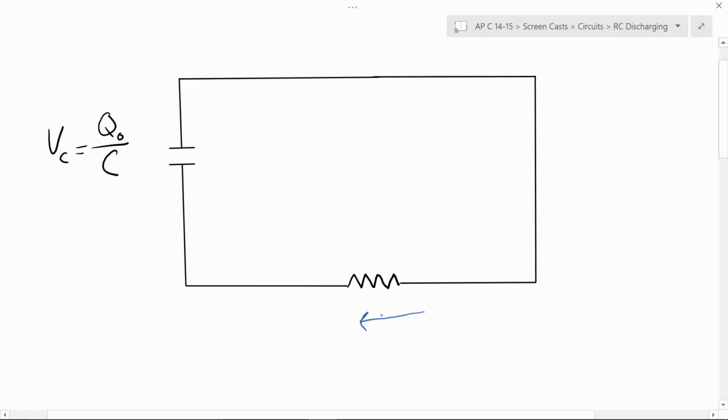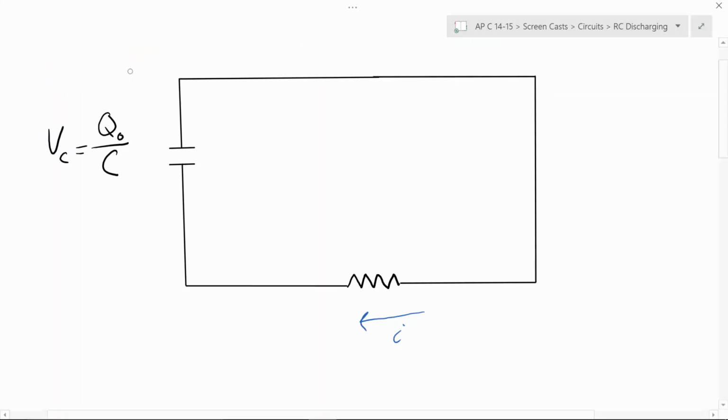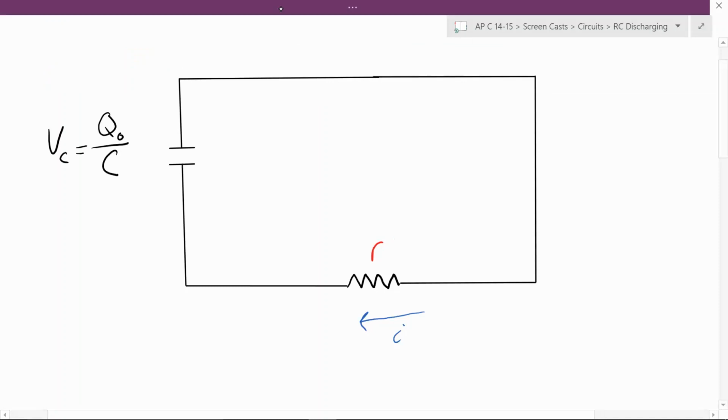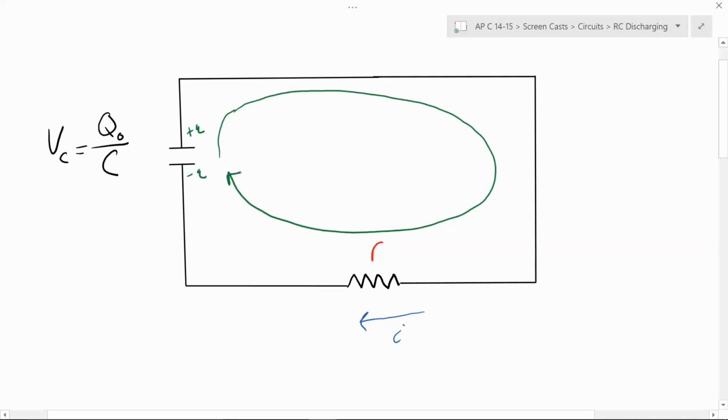Now here I'm going to use a lowercase i because the current is changing, so I like to represent it that way. We're going to use Kirchhoff's loop rule again. So if this is the positive charge side of the battery, I'm going to draw it this way. And it's still true, even though there's no battery, that when you complete a loop in the circuit, all the energy has to be dissipated somehow.